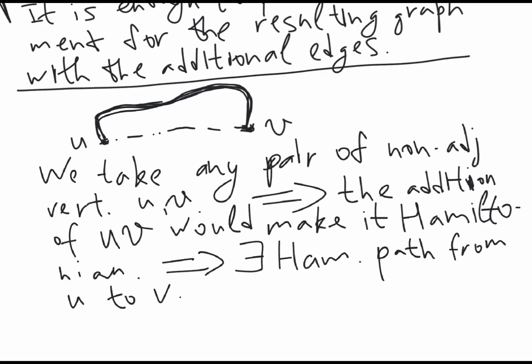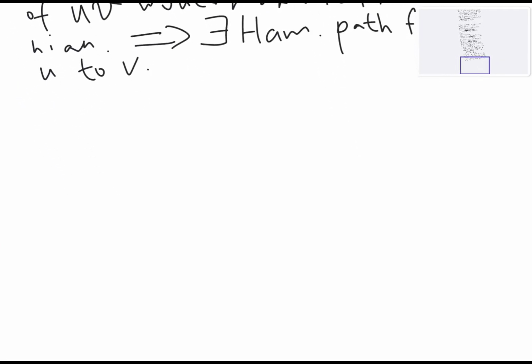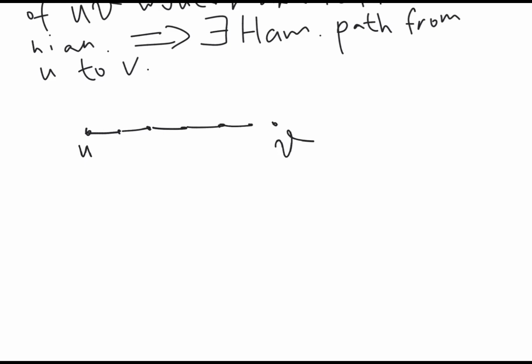Okay, so if there is a path, then we consider the following. Let's make a picture another way. Here is the vertex u, here is the vertex v, and there is a path that passes through all vertices. So essentially, the graph looks like this, and these are all vertices of the graph.